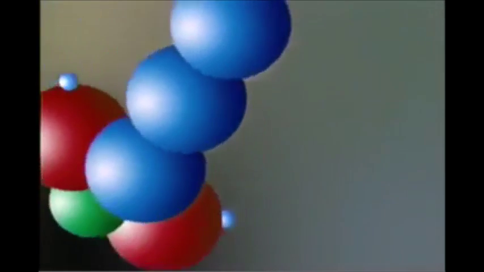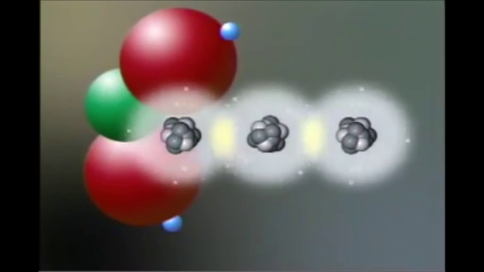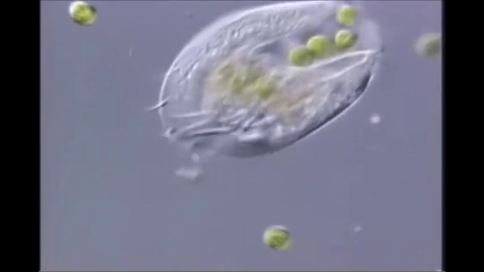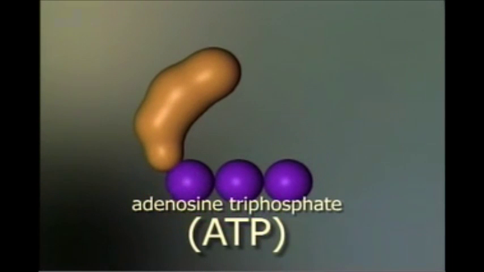The kind of energy cells use is chemical bond energy, the shared electrons that hold atoms together in molecules. Most cell processes use the same energy source, the rechargeable energy carrier, adenosine triphosphate.